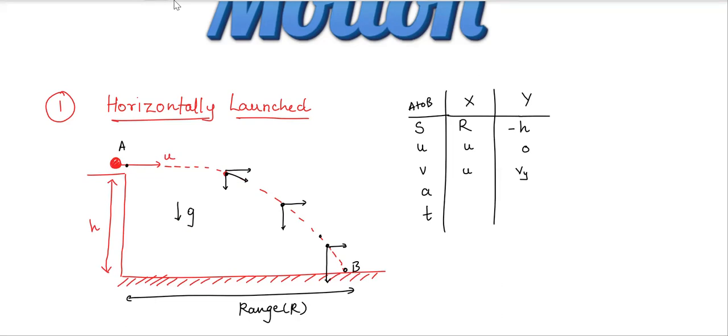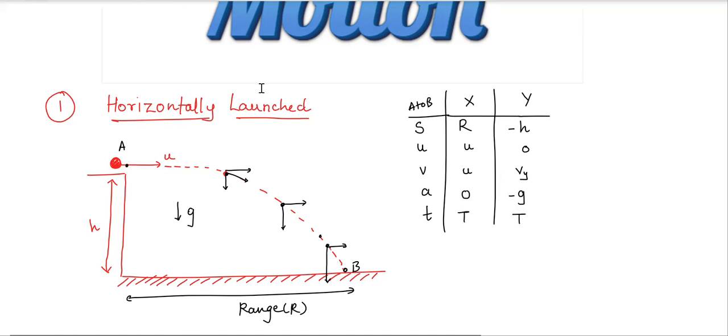Let it be some Vy. Acceleration in the X direction will be zero, because there is no acceleration in the horizontal direction when the air resistance is negligible. In the Y direction it is G, which I will take as minus G. And the time taken for the entire flight, let it be T.